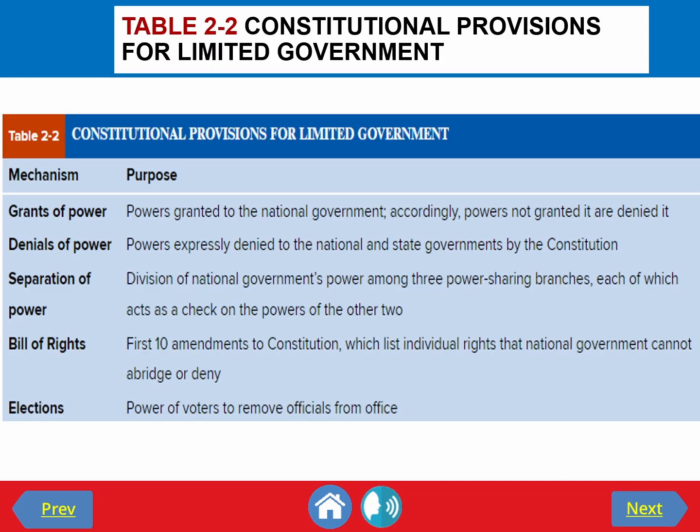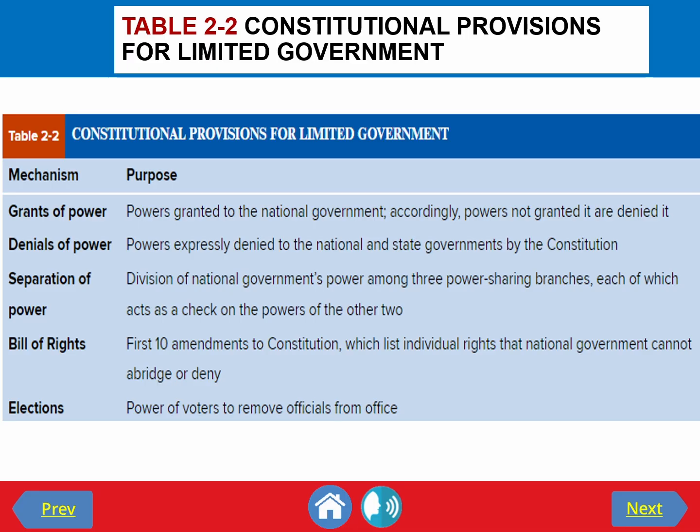Let's take a look at Table 2-2, which lists the constitutional provisions for limited government. Grants of power were included in order to explicitly grant powers to the national government, and any powers not specifically granted to the national government are, in most cases, denied to the national government. Denials of power are powers that are expressly denied to the national and state governments by the Constitution or the Bill of Rights.